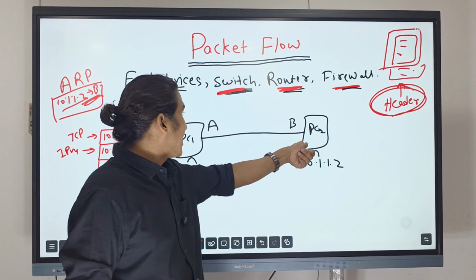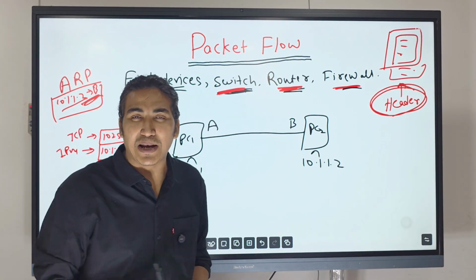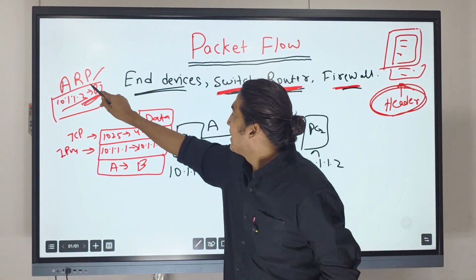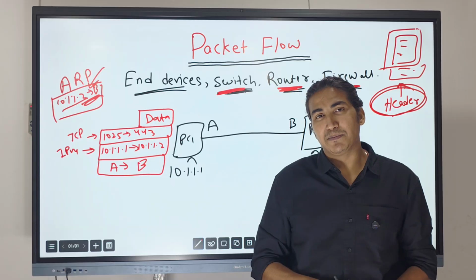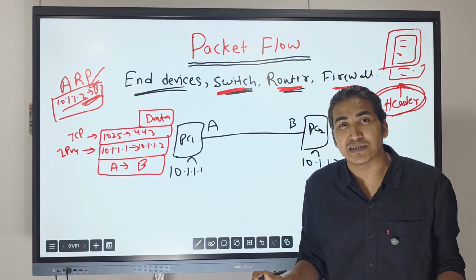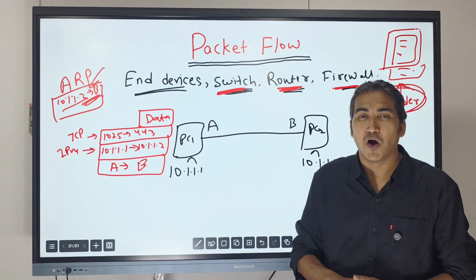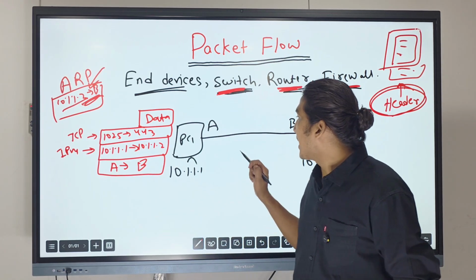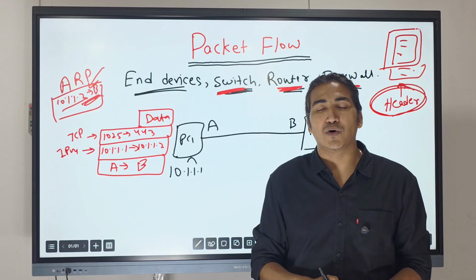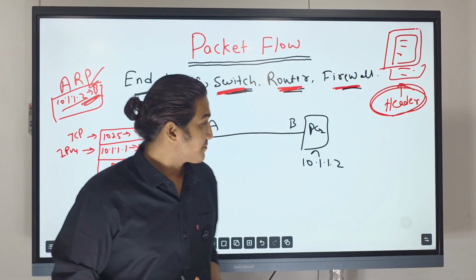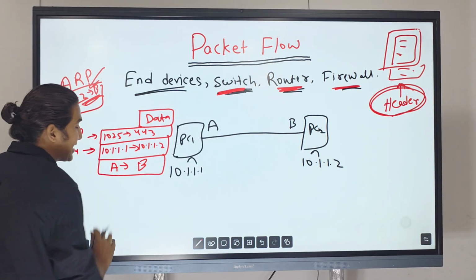After that, 10.2, meaning PC2, will generate an ARP reply, and once PC1 receives the ARP reply, it will add this MAC address in its ARP table. This is not only for PCs, this is for every networking device. All networking devices maintain an ARP table. If you don't know how the ARP protocol works, then watch my ARP video. Done? So here the destination MAC address is B.